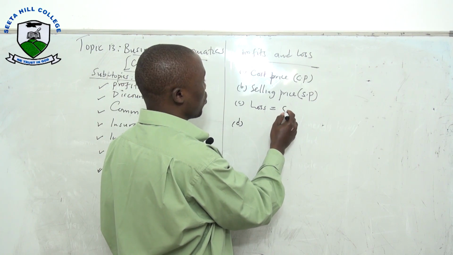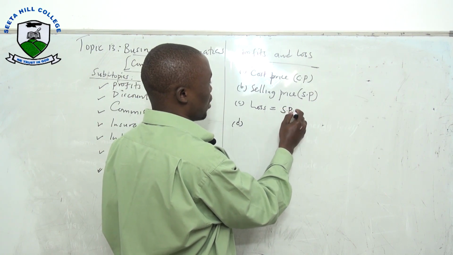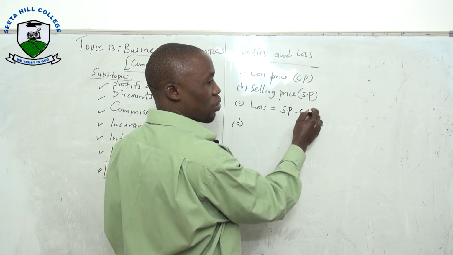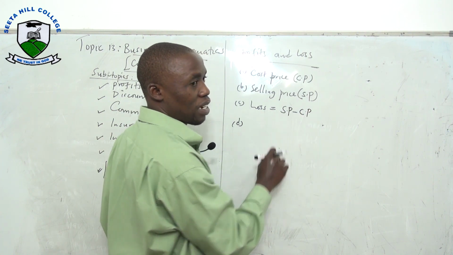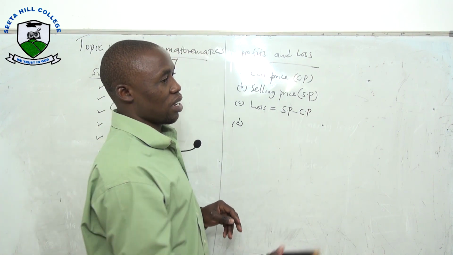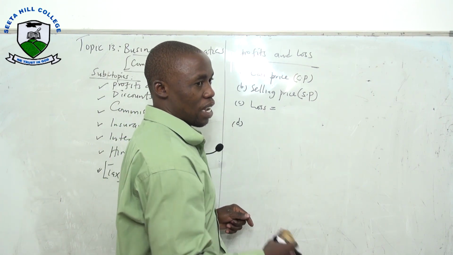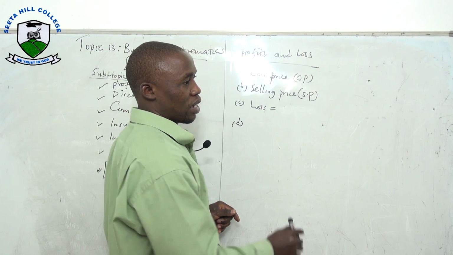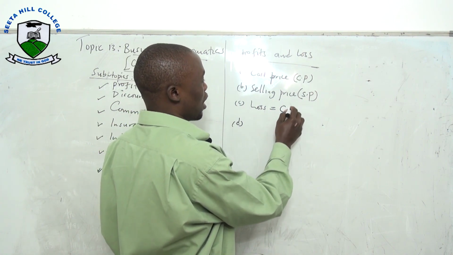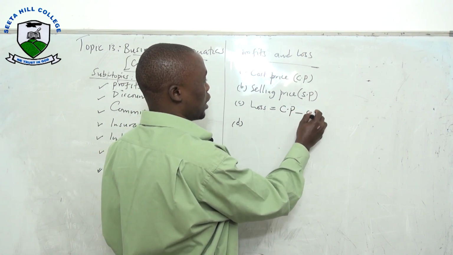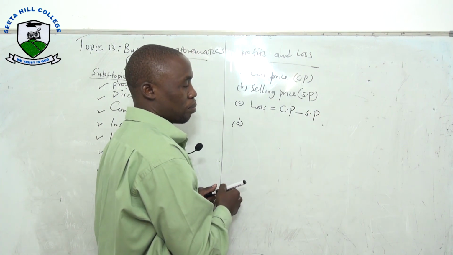Selling price minus the cost price? Are you sure? This means selling is higher. The cost price minus the selling price. You make a loss when you sell at what? At a higher or at a low cost? At a low cost. Therefore, the cost price is higher than the selling price.